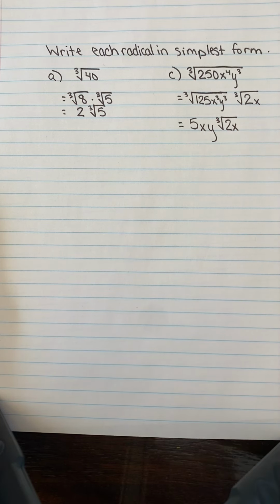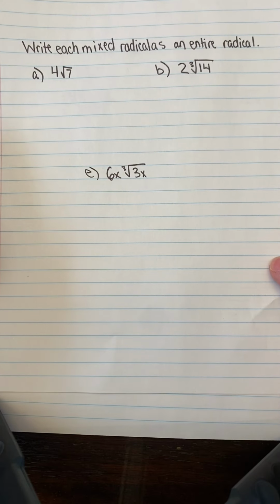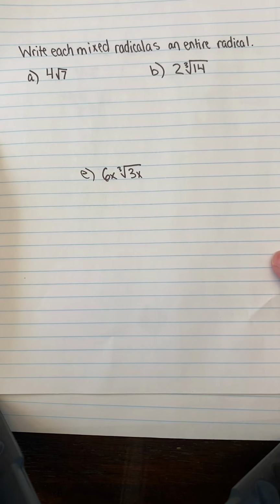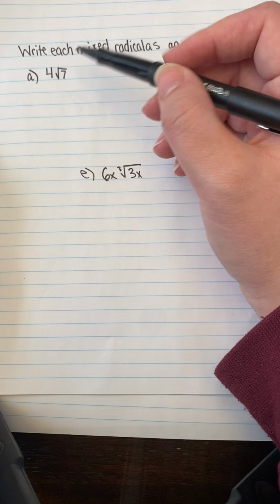Now we're moving on to writing mixed radicals as entire radicals, which is pretty much the same, except it's the opposite of what we just did. We were making mixed radicals, and now we are going to make entire radicals, so everything has to be under the root symbol. We have 4 square root 7.